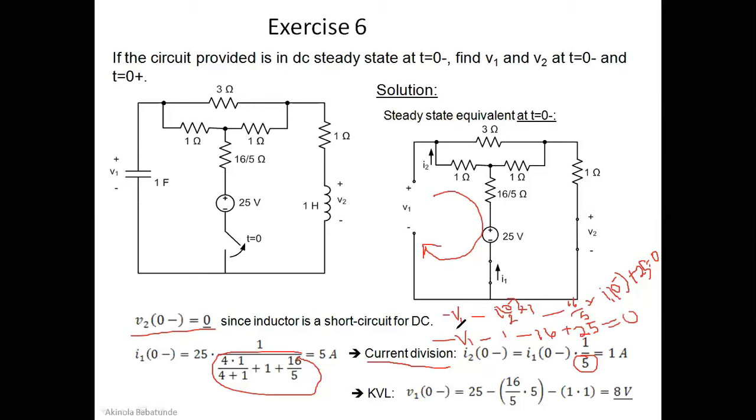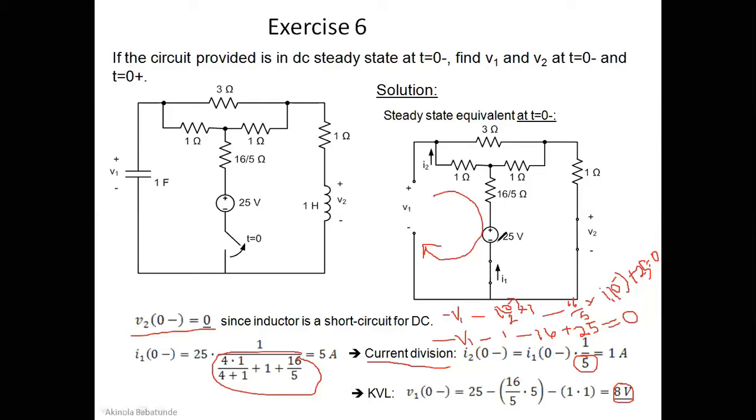If you take V1 to the other side, your V1(0-) will be equal to 25 minus 1 minus 16. That's 25 minus 17, which gives us 8 volts. So your V1 here is 8 volts.